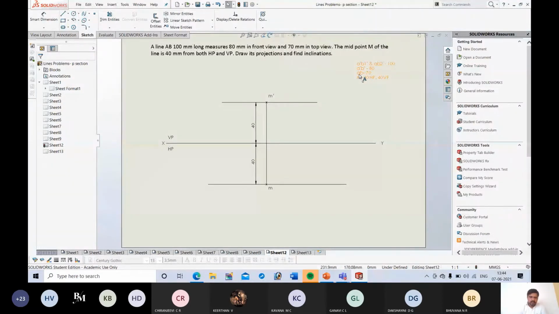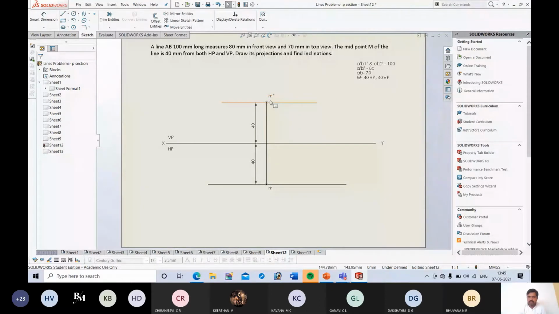Now here I don't know the inclination of the views. What I will do is, I know the locus of M dash, so on this only I should get the true length lines. I can consider either A to M or M to B, whichever is convenient.